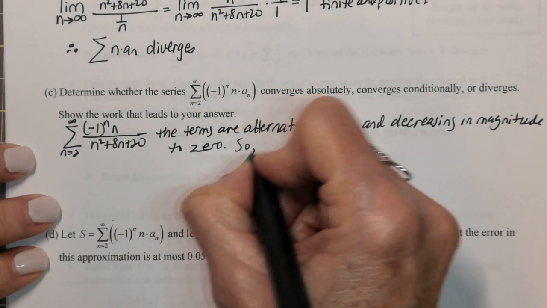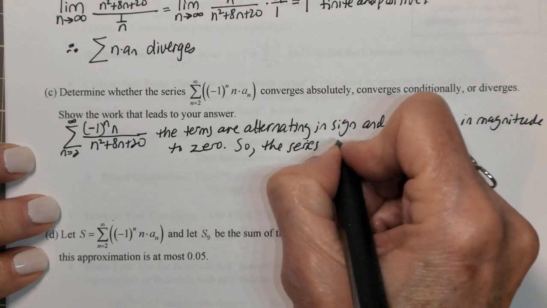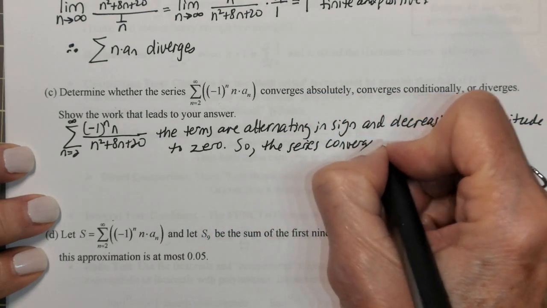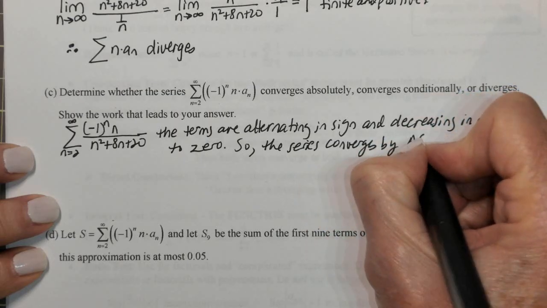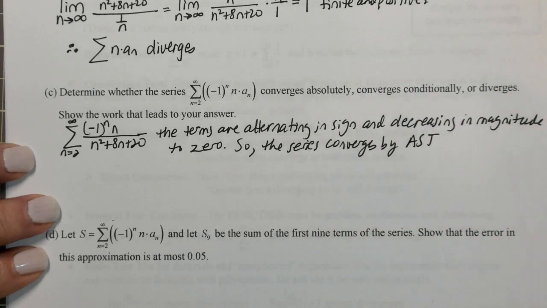So the series converges by AST. Okay? Alternating in sign, decreasing in magnitude to 0.